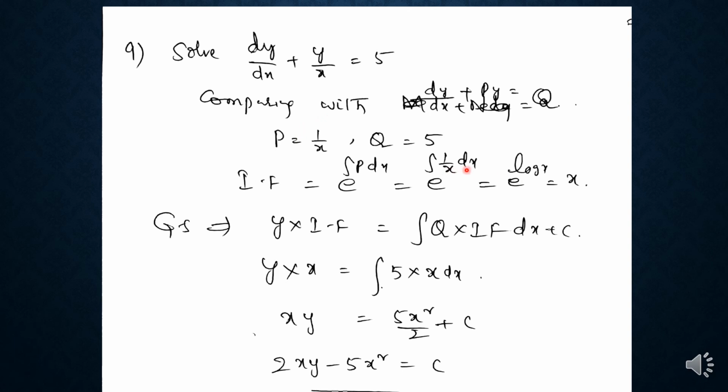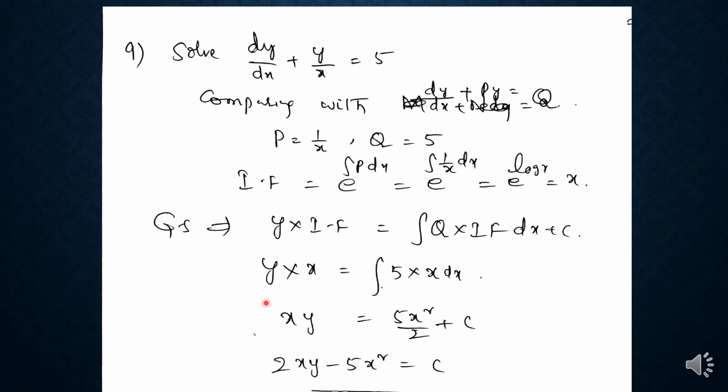What is integral 1 by x dx, that is log x, e power log x. E power log x is equal to x, because e power log f of x is equal to f of x. Now the general solution is y into IF is equal to integral q into IF dx plus c. That is y into x, since IF is x. Y into x is equal to integral q, that is 5 into x dx.